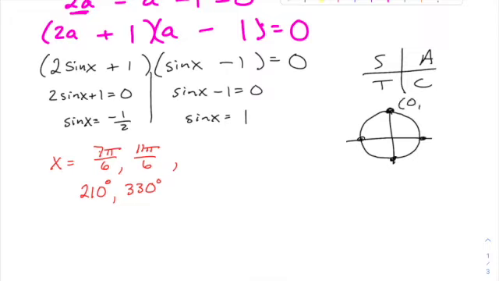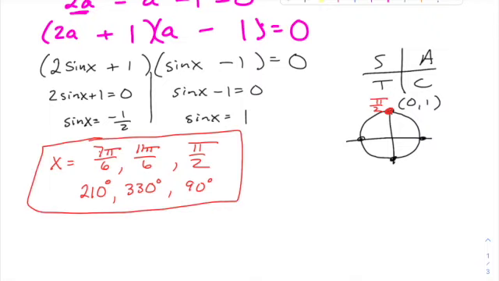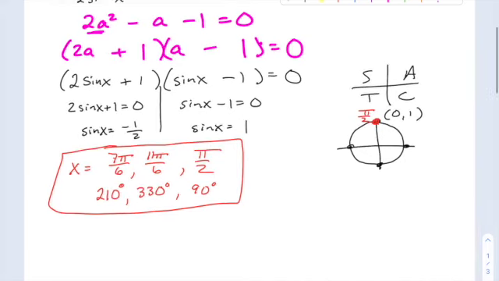Only one place. The coordinates at this point are 0, 1. That's the only place where the y coordinate is positive 1. Right here is 0, negative 1. And so what angle is that? That is 90 degrees, or pi over 2 in radians.